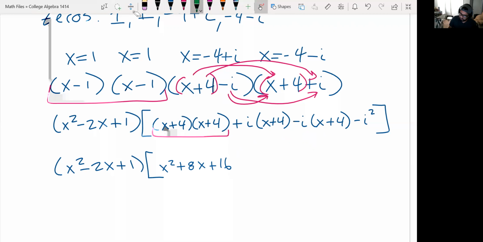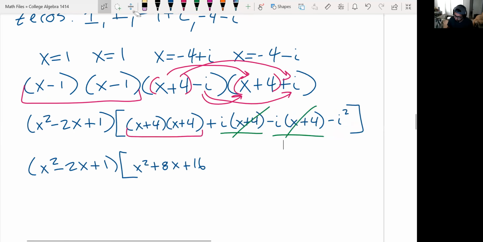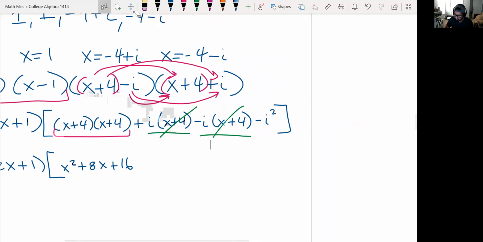And then we notice that this i times x plus 4 and this negative i times x plus 4, they are the same exact term. One's positive, one's negative. They will cancel. Gone, gone. And then, if you remember this, I'll write it at the top.